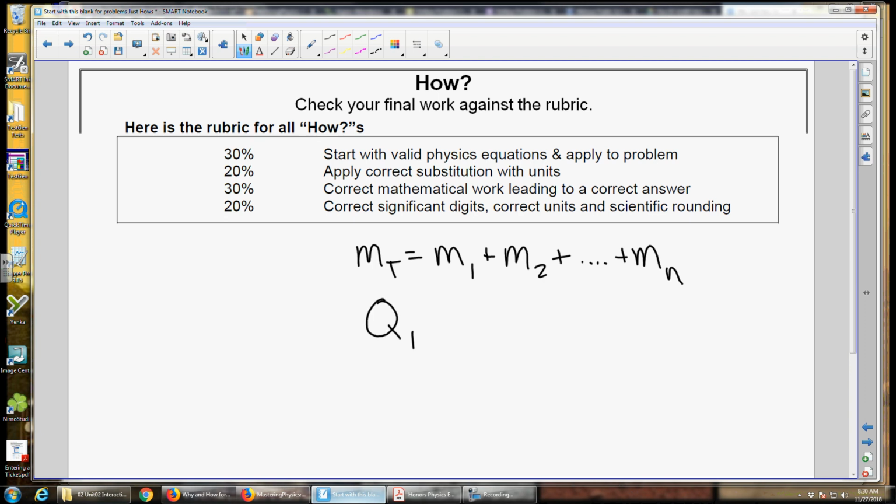We could write the charge total would be, how do we want to put it?